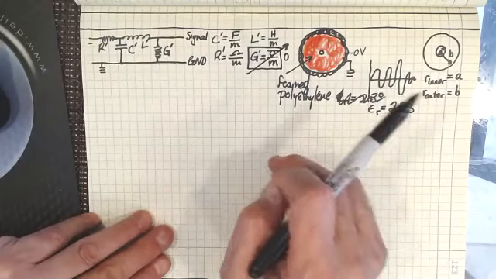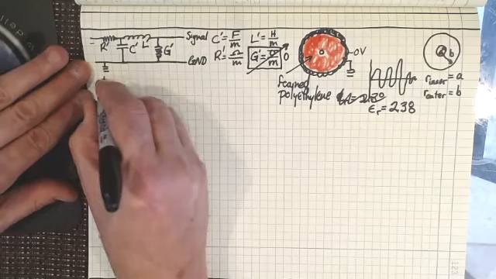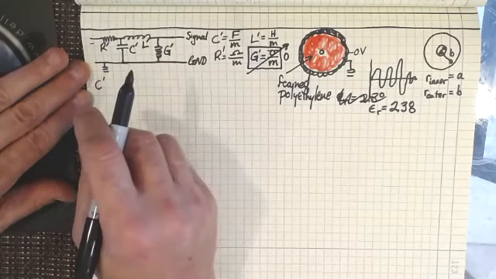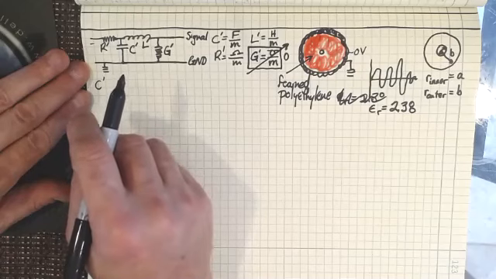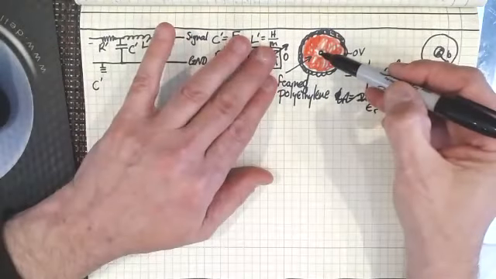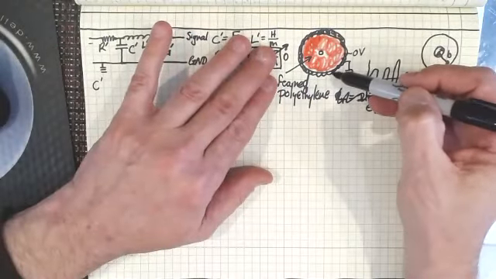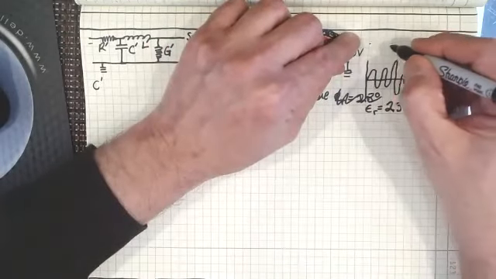Okay. Now C prime. C prime would be in farads per meter. Why is there a C prime at all? Well, I've got a different voltage on this plate and I've got a different voltage on this plate. Isn't that the same as a capacitor?